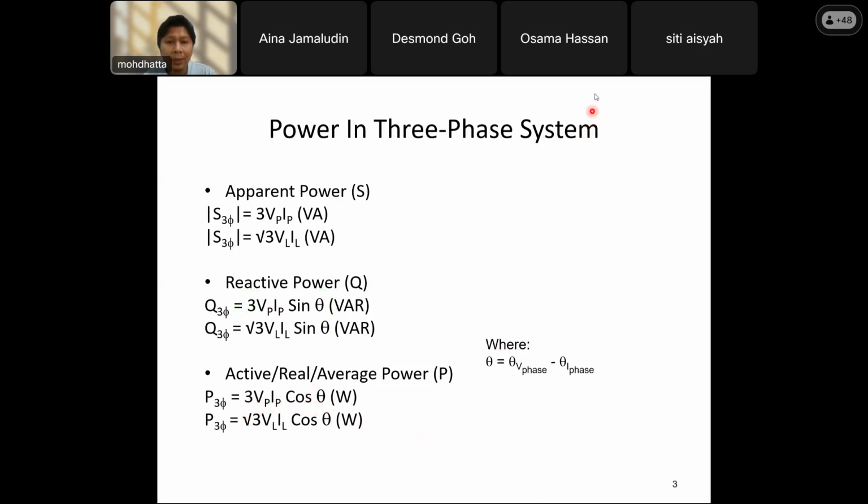And please remember that the unit for apparent power should be VA, the unit for reactive power should be VARs, and the active power should be in watts. Also, reactive power can be a positive or a negative quantity. However, for active, real, or sometimes called average power, we only have a positive value.